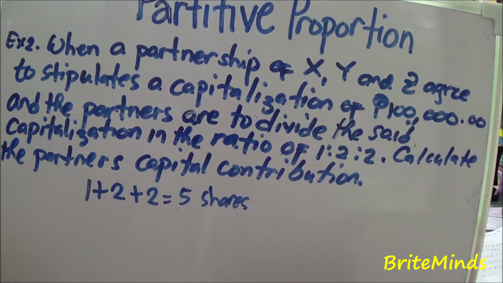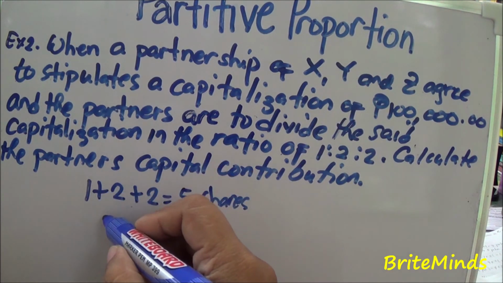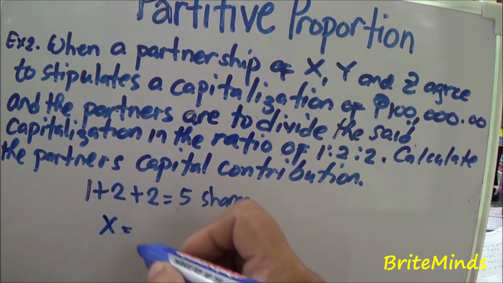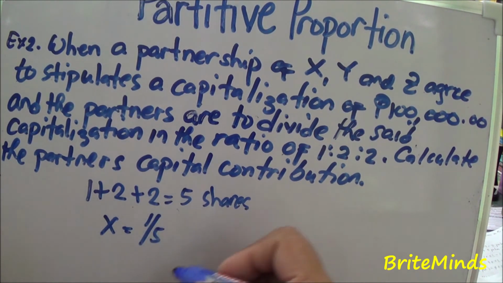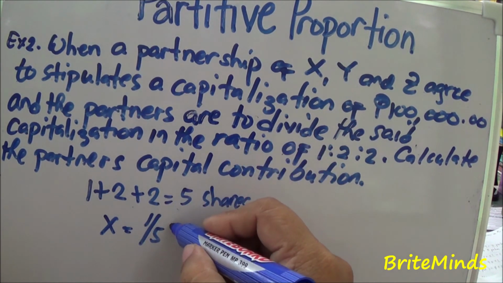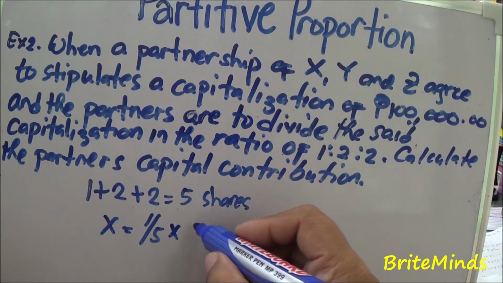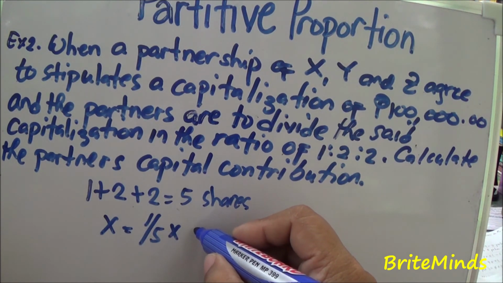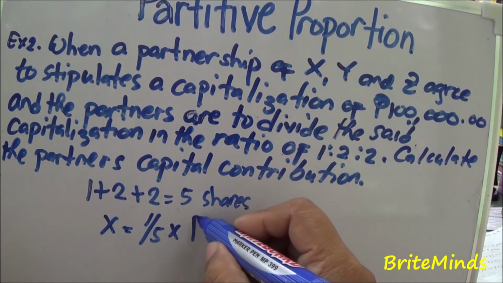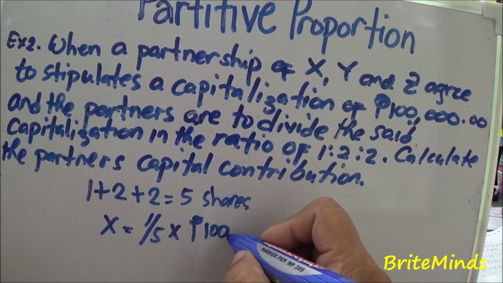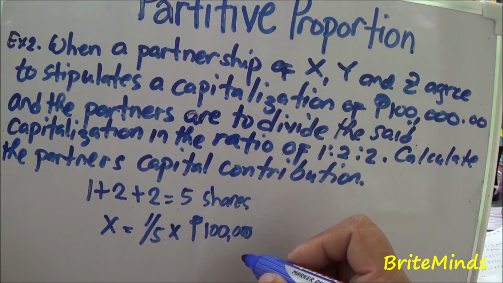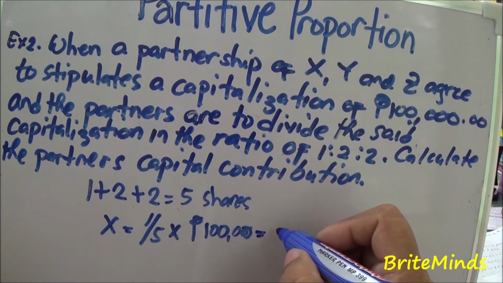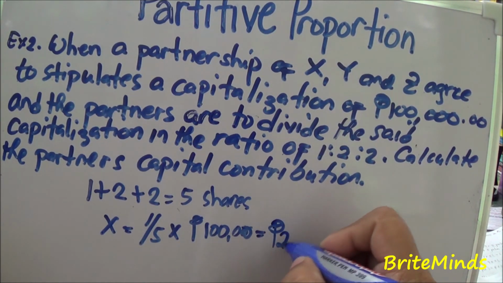For partner X, 1/5 multiplied by the capitalization of 100,000 gives 20,000 pesos.